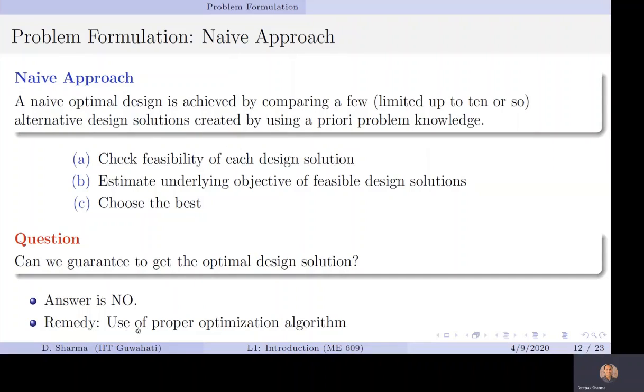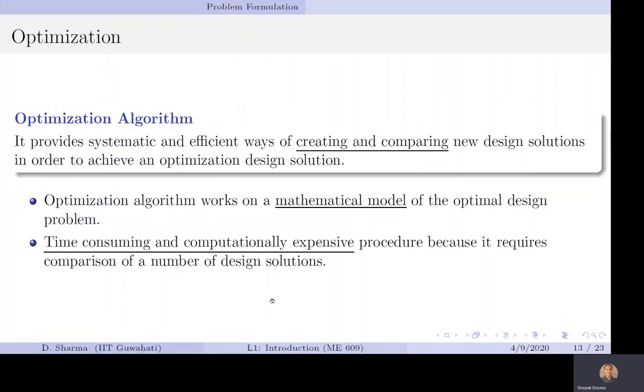So the remedy to the problem is to use a proper optimization algorithm to solve your problem. So what is an optimization algorithm? It provides systematic and efficient ways of creating and comparing new design solutions in order to achieve an optimal design solution. So in this case, we start with some point, we create another new point, we keep on comparing.